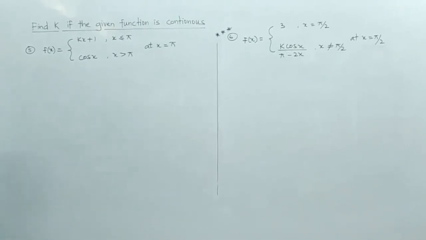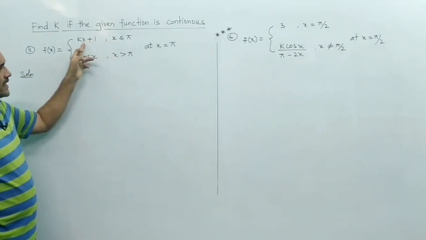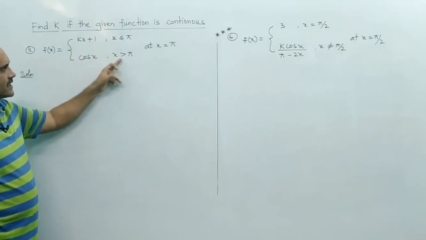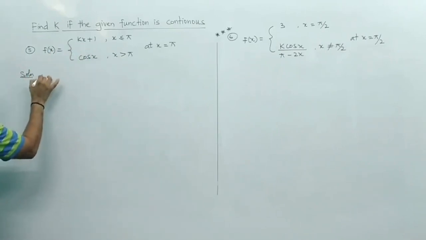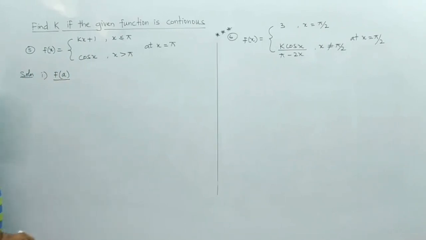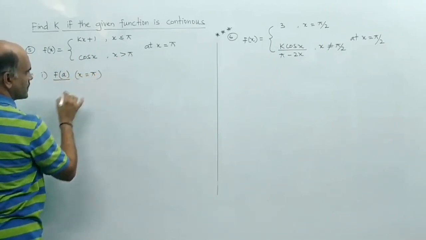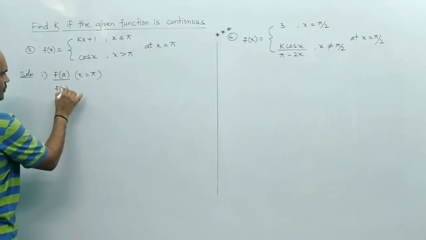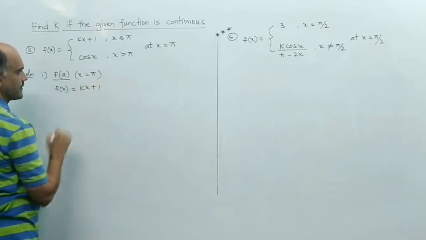So fifth one, students. Here, if you observe, when x is less than or equal to pi, LHL and f of a are here, greater than RHL is here. First, if I take f of a, when x is equal to pi, f of x is kx plus 1.